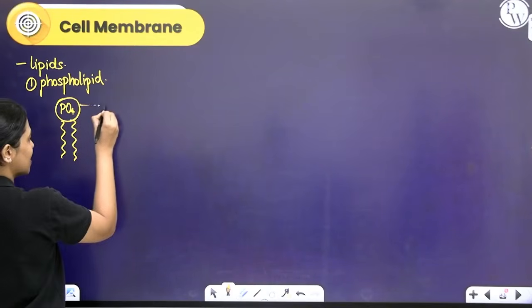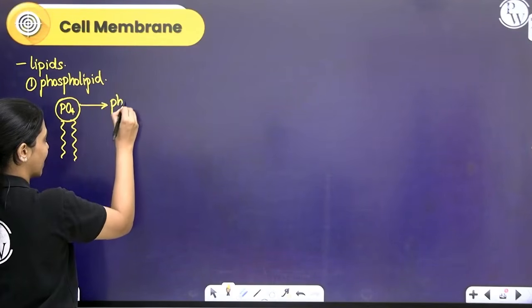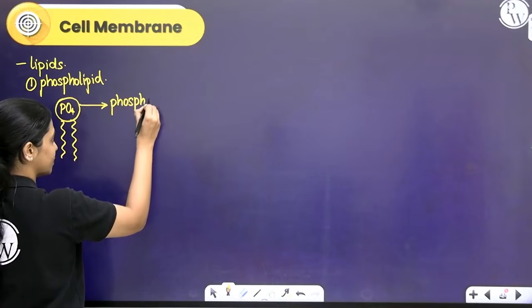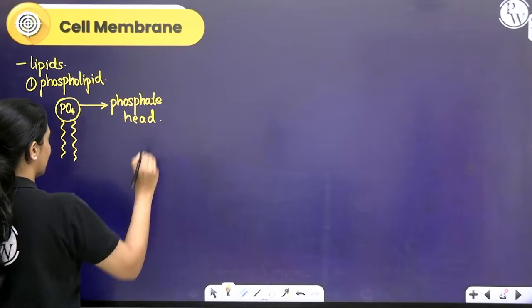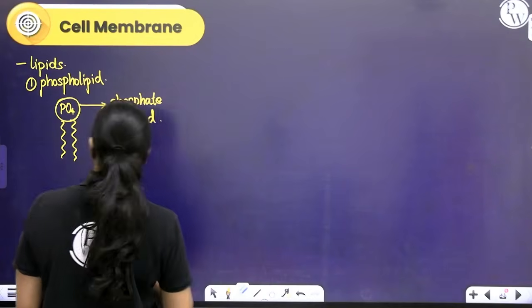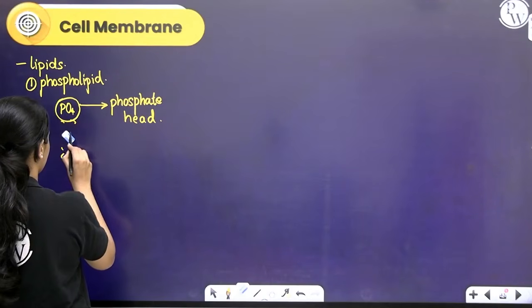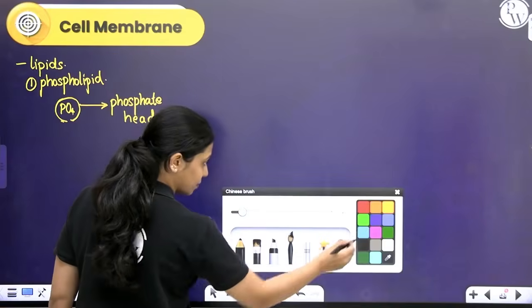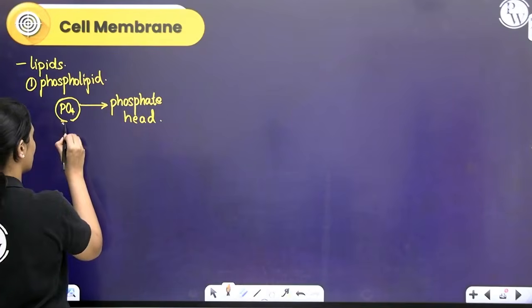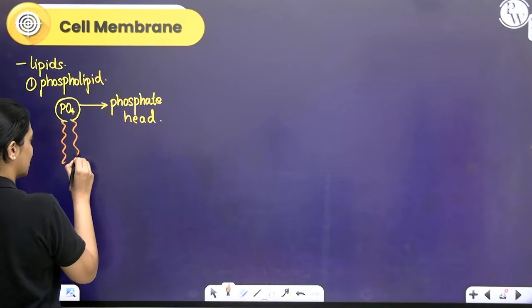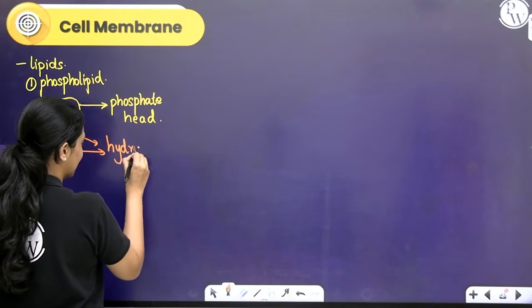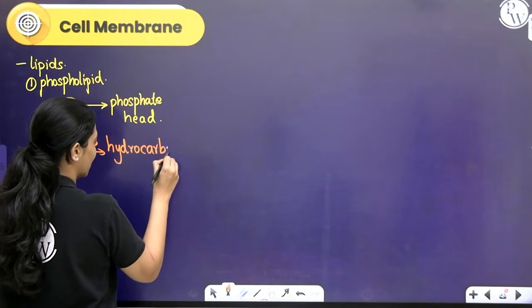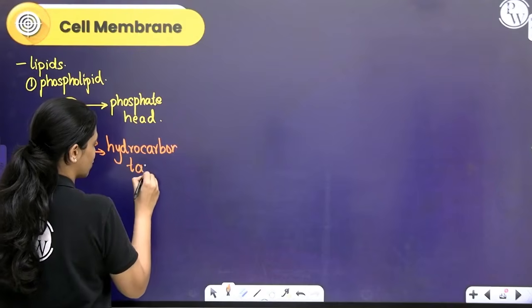Okay, so this is one phosphate head and these two here are called the hydrocarbon tails. Basically, they are the hydrocarbon tails attached to the phosphate group.